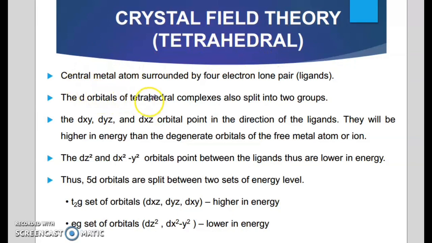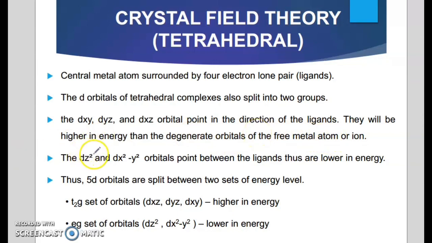The d orbitals of tetrahedral complexes also split into 2 groups. So the dxy, dyz, and dxz orbitals point in the direction of the ligands. They will be higher in energy than the degenerate orbitals of the free metal atom or ion.